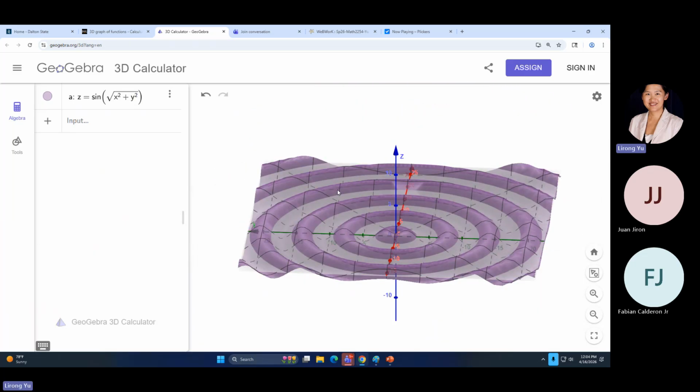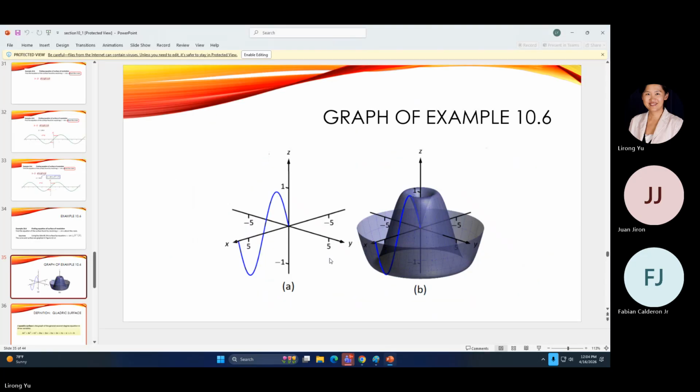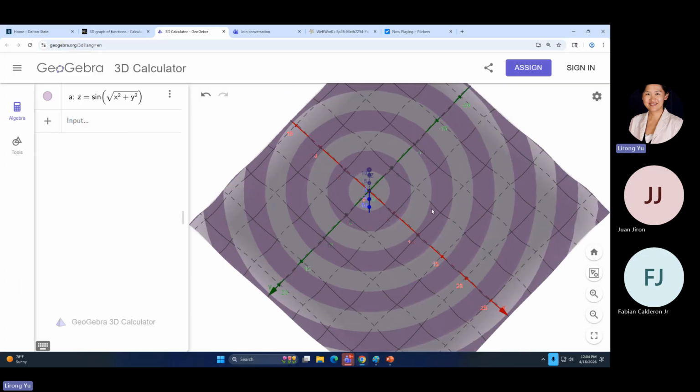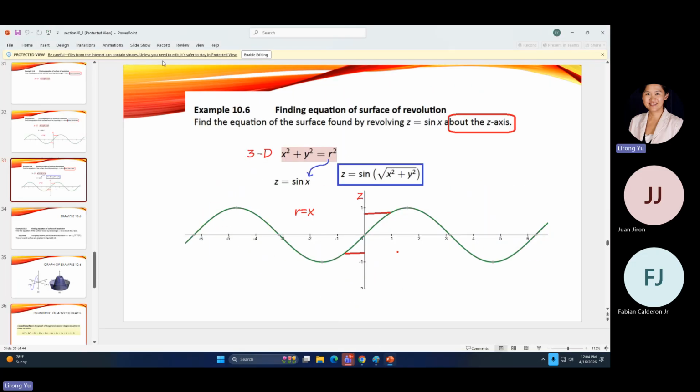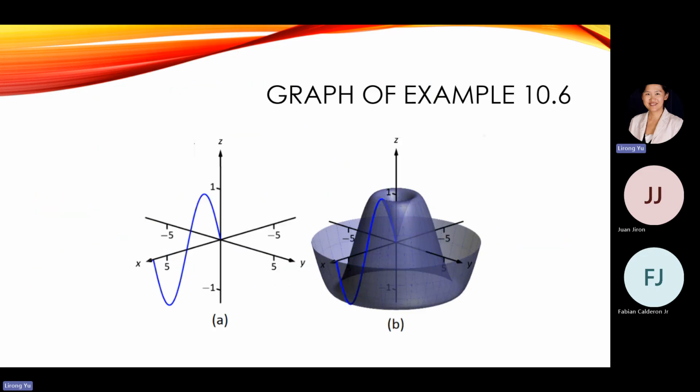So you get a sine wave and you rotate it over and over. Think about this curve. It's a sine wave. You rotate the whole thing, which will end up giving you something like this wave surface. Okay. So that is a revolution about the z-axis of the sine curve.